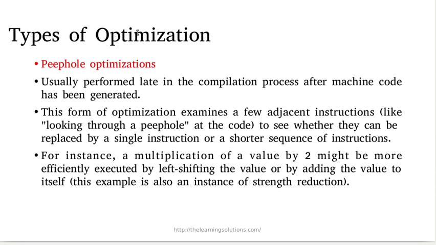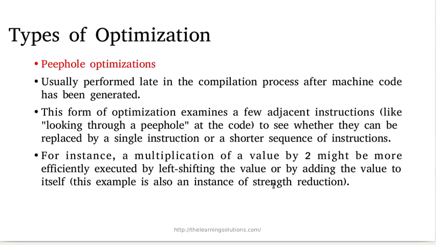An example of peephole optimization: let us multiply a value by 2. The multiplication operator has high strength, and it is a complex operation, we all know. So how can we do this? We can simply add the same number to itself, because the addition operator is lighter than multiplication and will be performed in an easier way. This is one way.